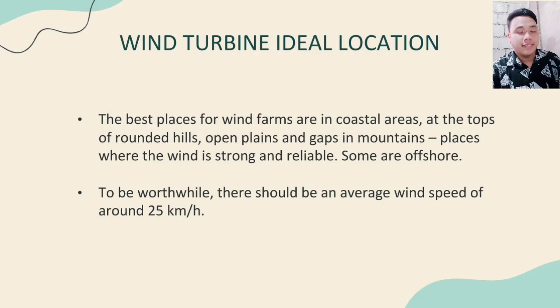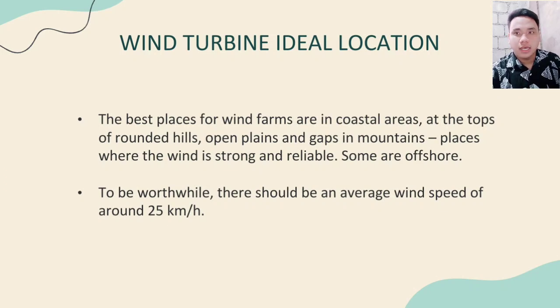Wind turbine ideal location. The best place for wind farm are in coastal areas, at the tops of the rounded hills, open plains, and gaps in the mountains. Place where the wind strong and reliable, some are offshore. To be worthwhile, there should be an average wind speed of around 25 km.